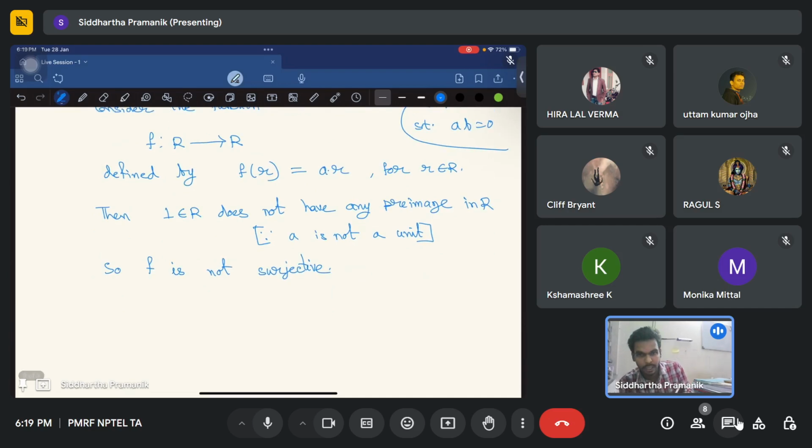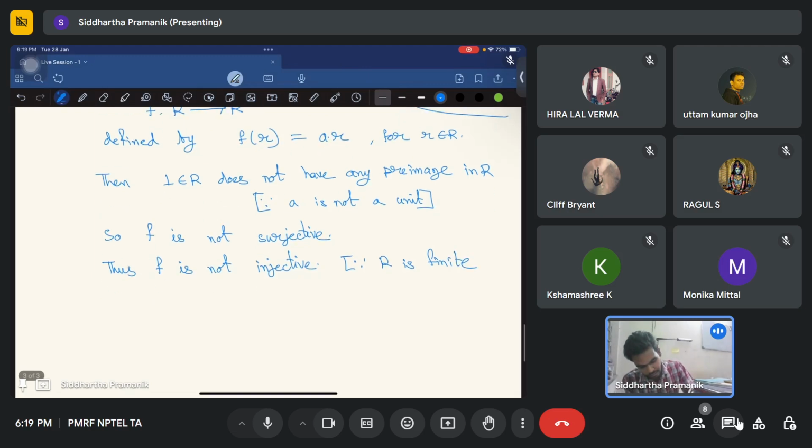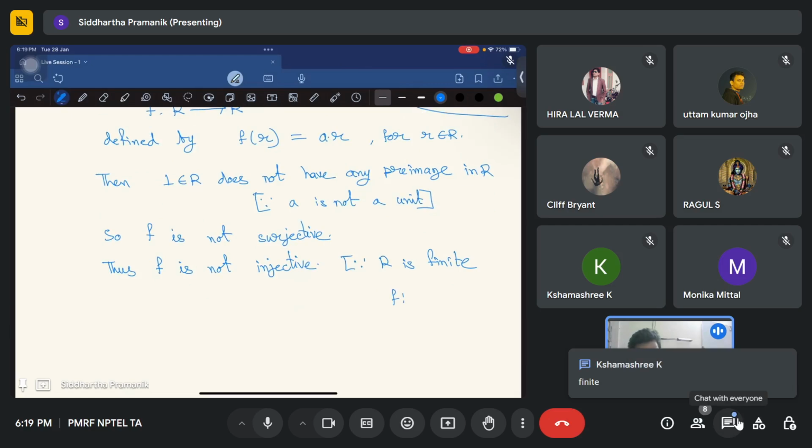Now from this we can conclude that f is not injective as well, because R is finite. So R is a finite set and f is a function from R to itself.